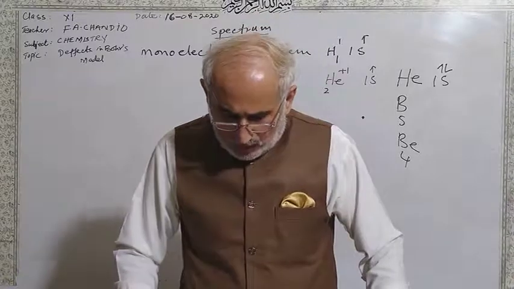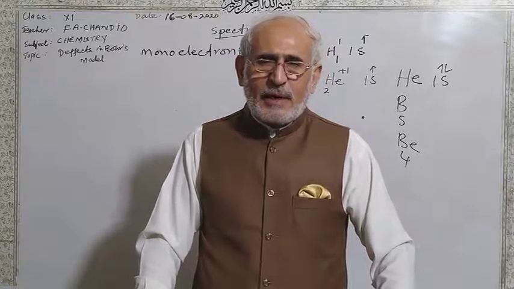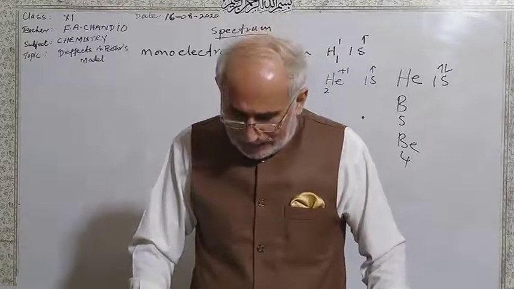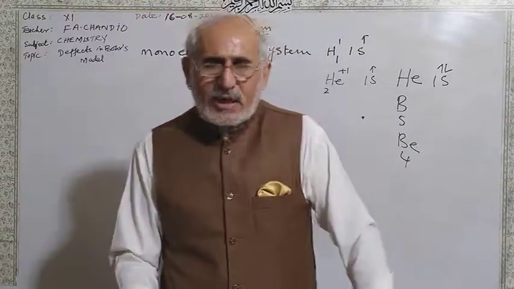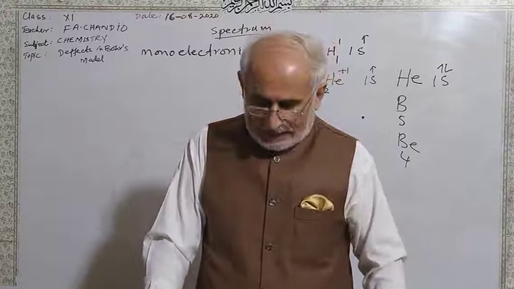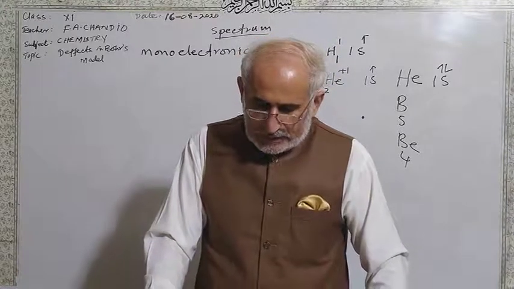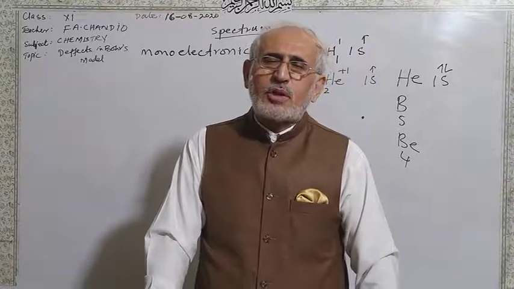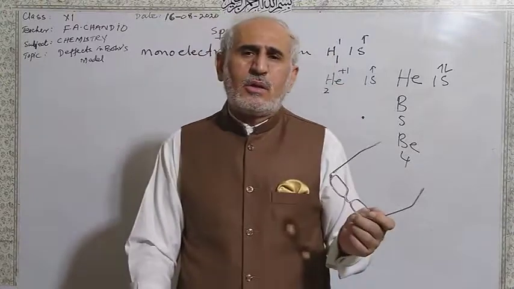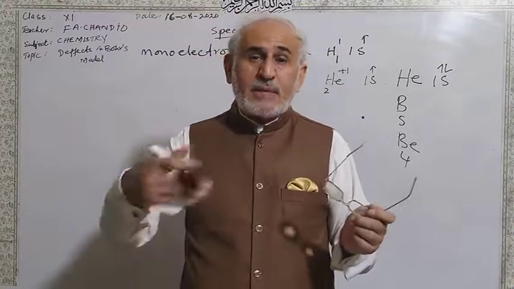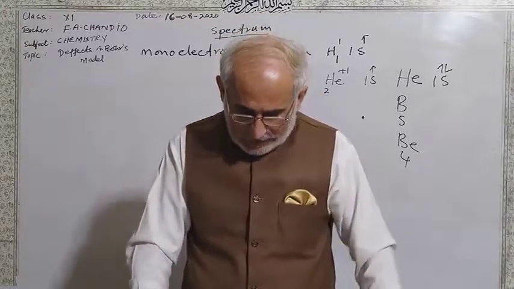So if you see the hydrogen spectrum in the spectrophotometer, the original lines are divided into many other lines. In Bohr's theory, the K shell, L shell, M shell, N shell can be divided into other lines. So it means there must be other lines also. This is the second defect.